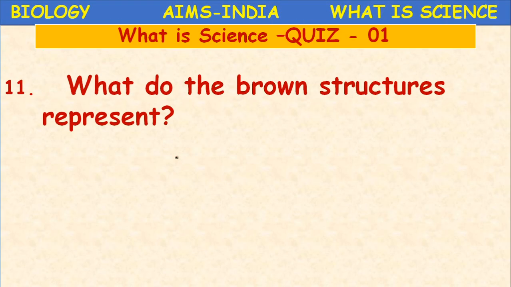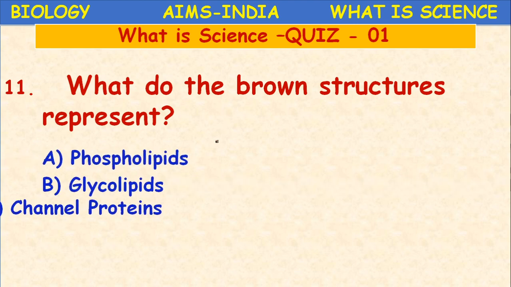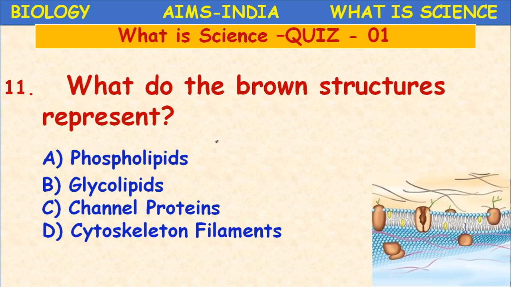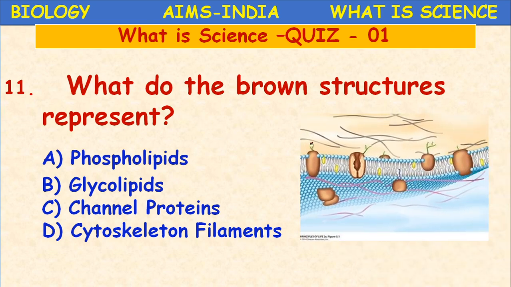Next, what do the brown structures represent? Here also one image is given. What do the brown structures in this plasma membrane represent? What do these brown structures represent, children?